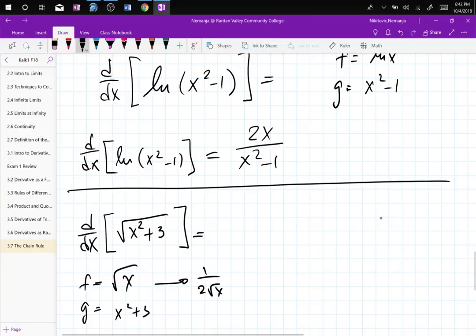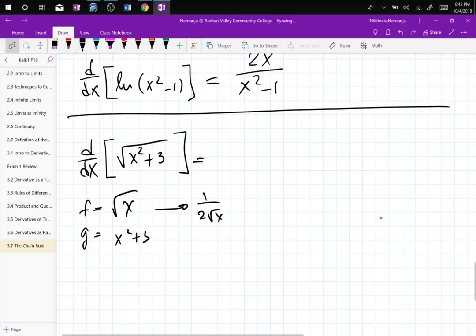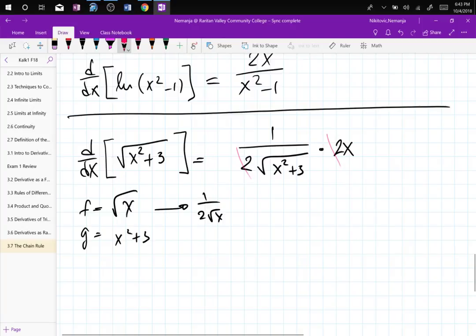Right, that's the derivative. So now what is the derivative here? Well, it's going to be 1 over 2, and then the square root will have the g, and then all of that times the derivative of g, which is simply 2x. So now these guys cancel. There's not that much you can do here.